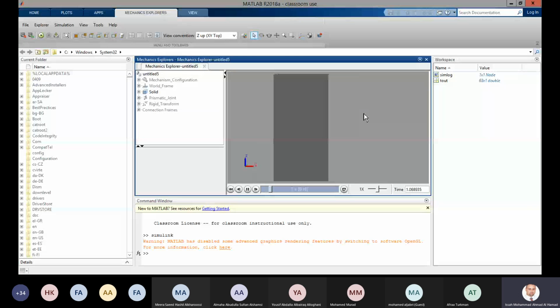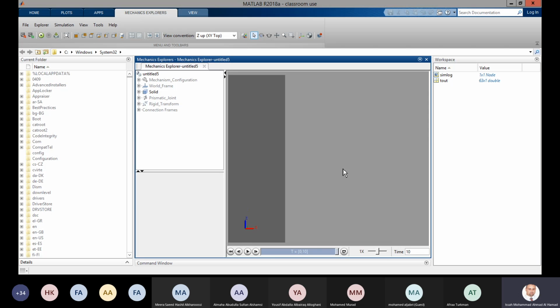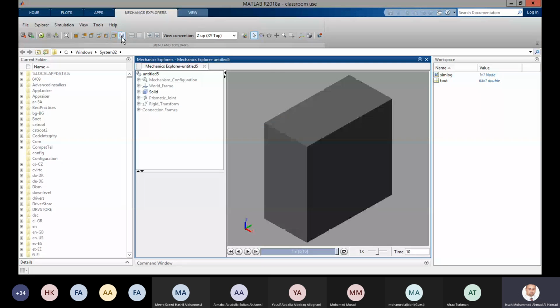Okay, what is happening? Now it's sliding, it starts vibrating and it comes to rest. Is it clear? Maybe you can't see the mass. This is your mass. Let's make it in 3D.